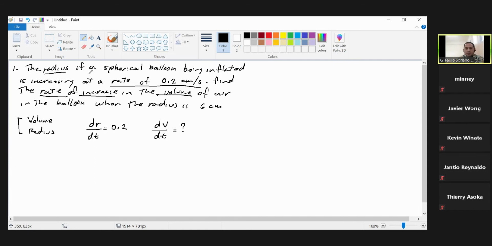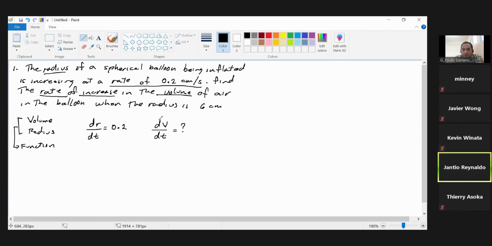However, we do not have a function to connect these two. So what will that function be? We need to find a function to connect these two together. What function can we use that uses radius and volume? Anyone?